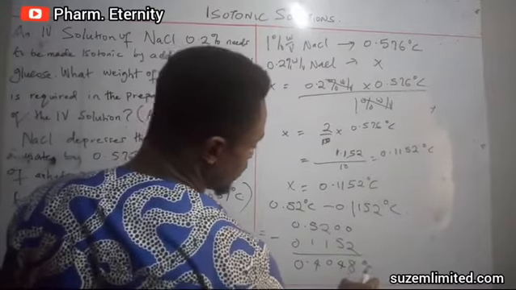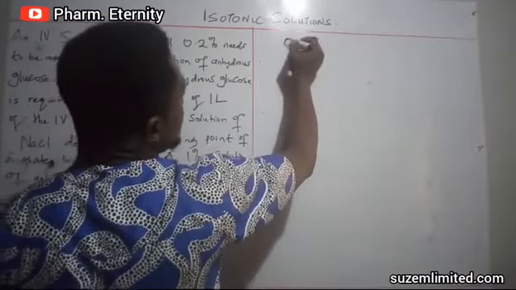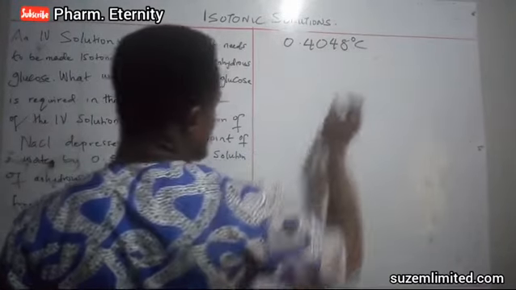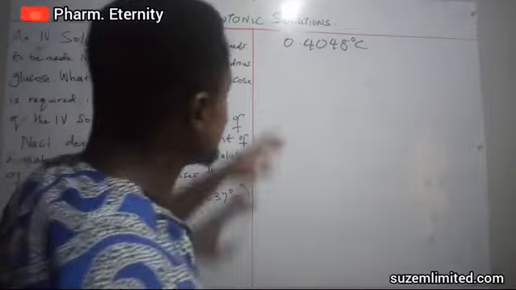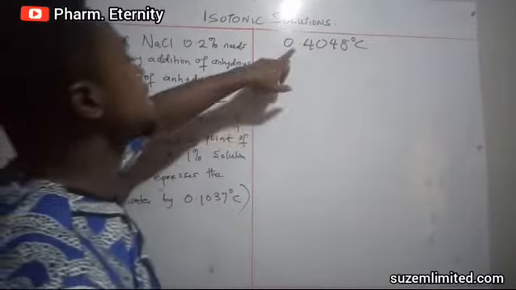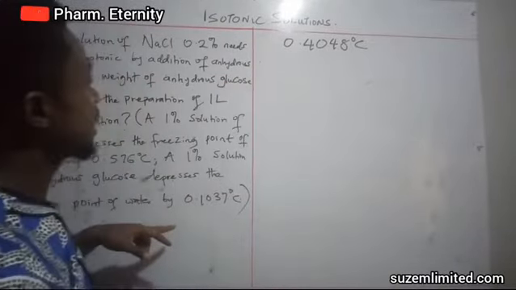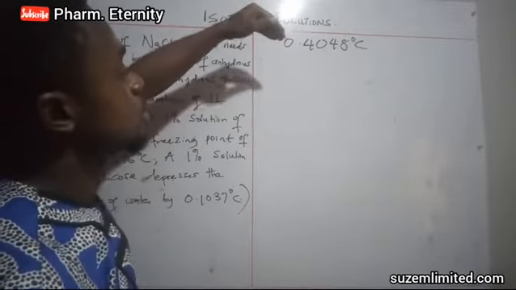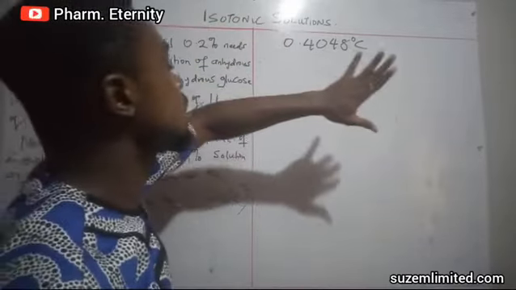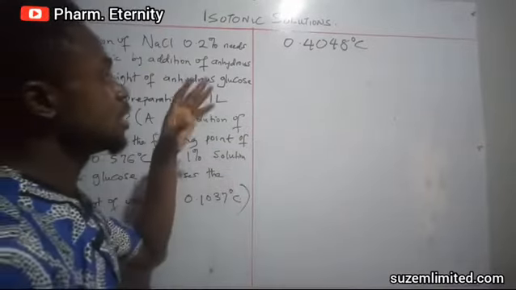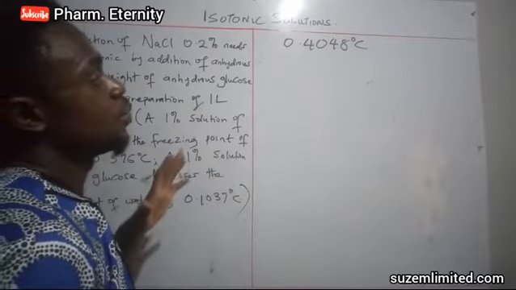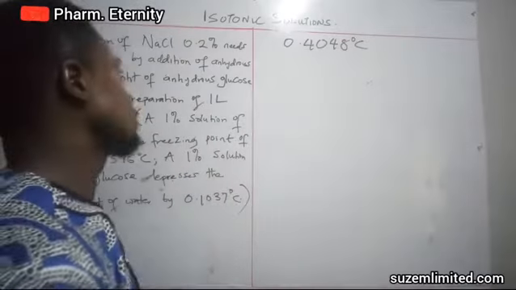0.4048 degrees Celsius. We've gotten 0.4048 degrees Celsius as the further depression that is needed to get to the 0.52 degrees Celsius, which is the freezing point depression that is caused by normal body fluid.